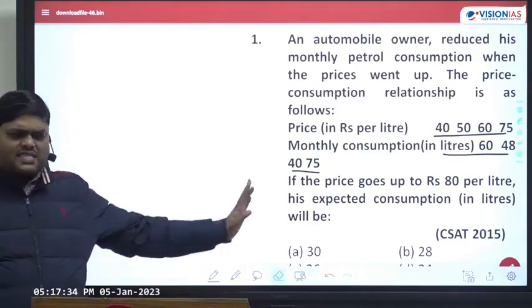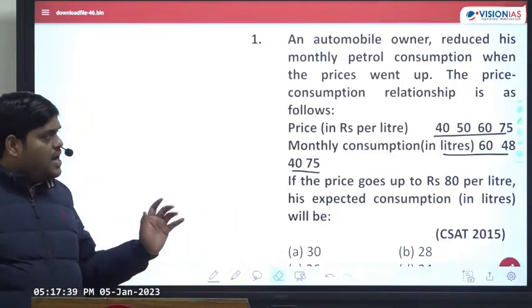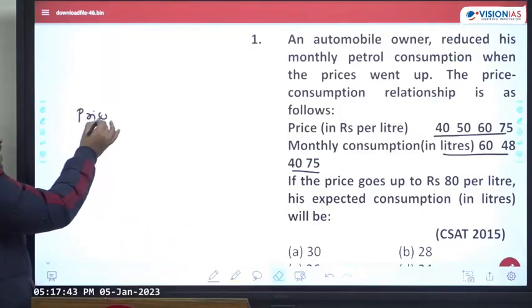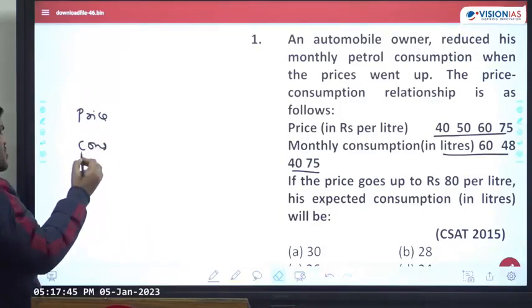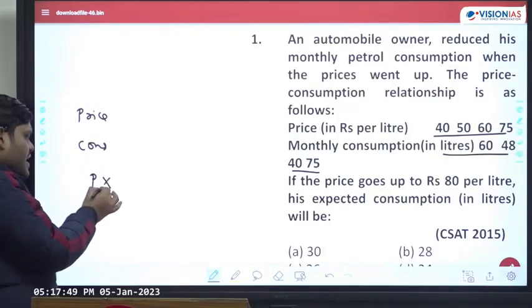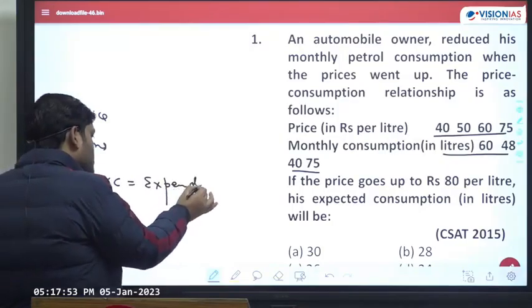Look, UPSC always checks your conceptual power. Now what we can see, the price is given and consumption is given. If you remember percentage, the price into consumption is equal to your expenditure.